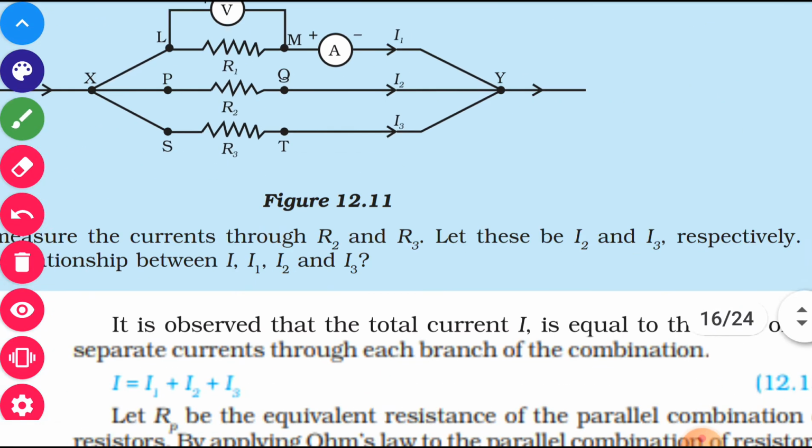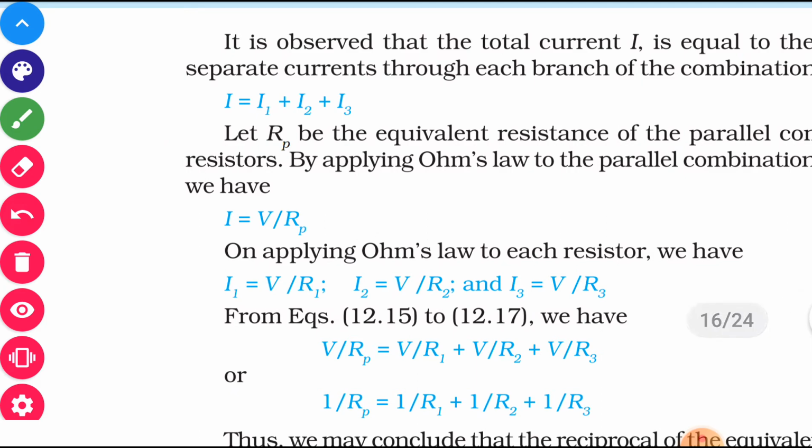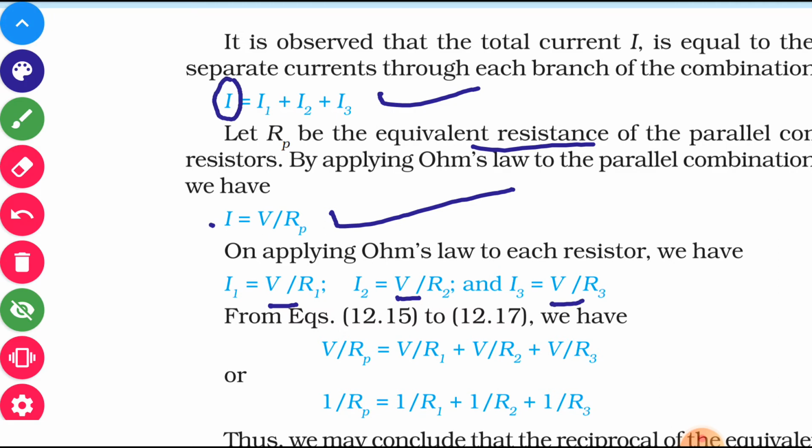It's a very simple calculation. Total current is I is equal to I1 plus I2 plus I3. That total current can be written as I is equal to V upon Rp, where Rp is the equivalent resistance of the parallel connection, and we have used Ohm's law. Now I1 is V by R1, I2 is V by R2, I3 is V by R3. So instead of I, we write V by Rp.